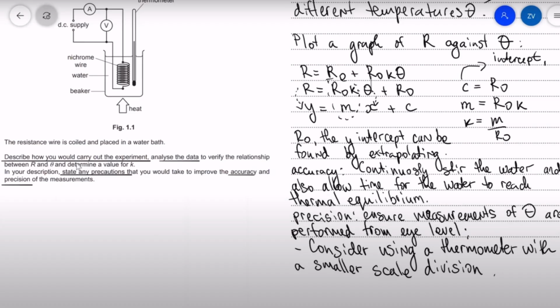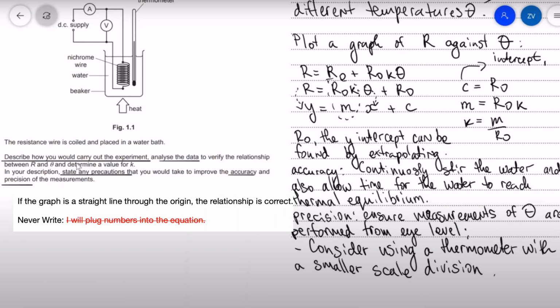In this particular example, there was a different equation that was given. But in all cases, if the question asks you to analyze the relationship between r and theta, we should always plot an appropriate graph. Please note that the sentence that if the graph is a straight line through the origin, the relationship is correct often appears in mark schemes.